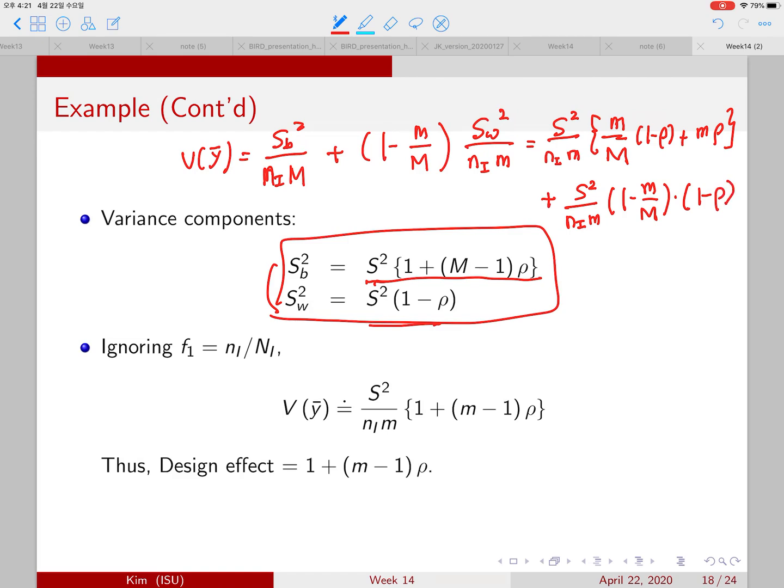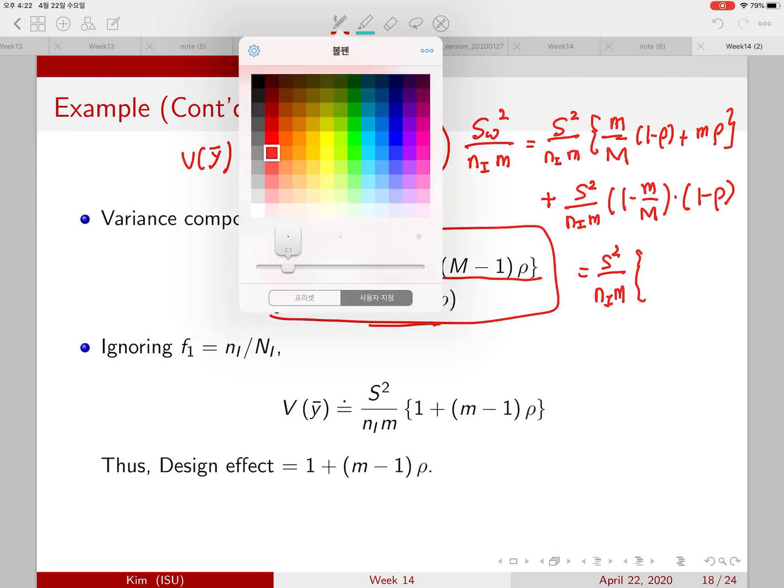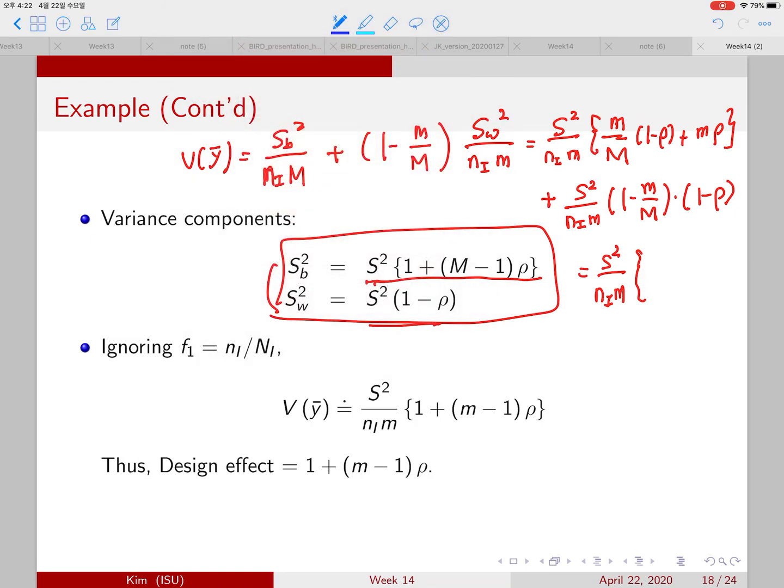So you can basically combine, and then in the end you can see that this factor cancels with this times this, right? And then you have 1 minus rho plus m rho, which is this one.